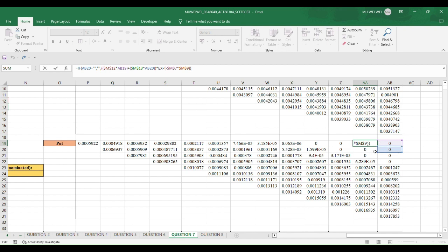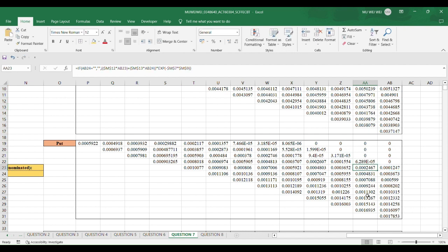So for the first node right here, it will be 0, since these values are also 0. But when we look at this cell right here, since this cell has a value, it will be this value times the risk-neutral probability down, and then times the discount factor. So for this node, we will get this value.